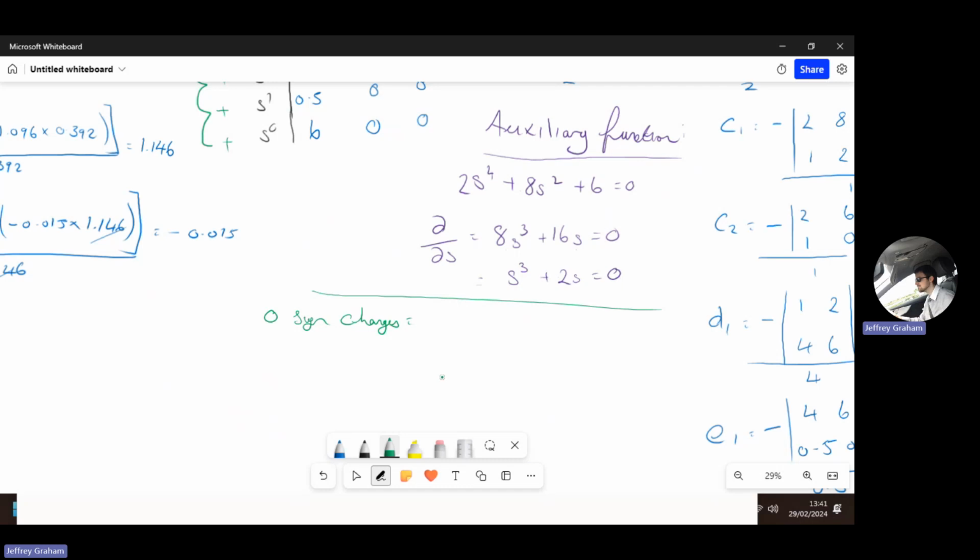Right, no sign changes indicates none of the roots are unstable.